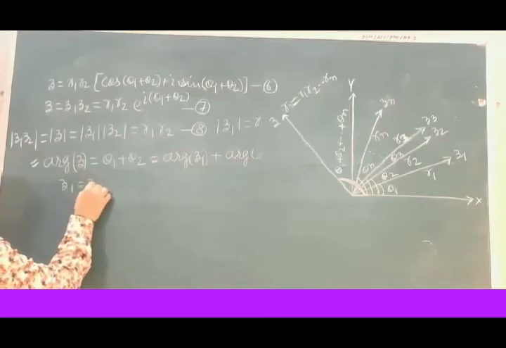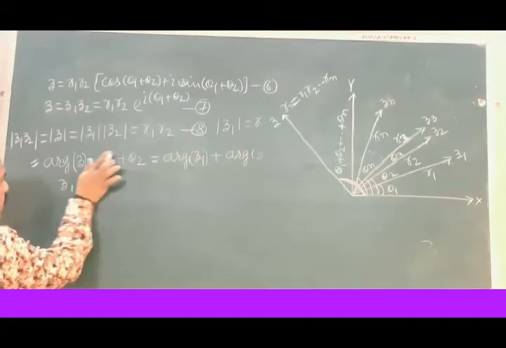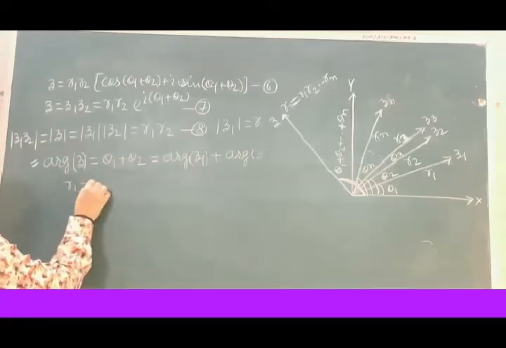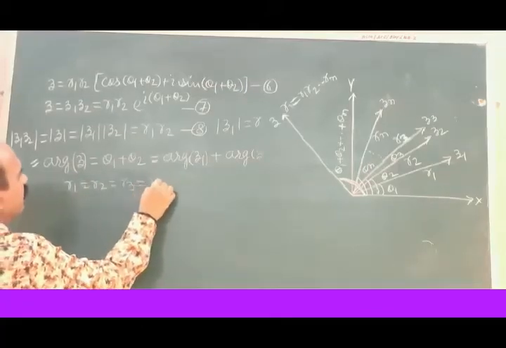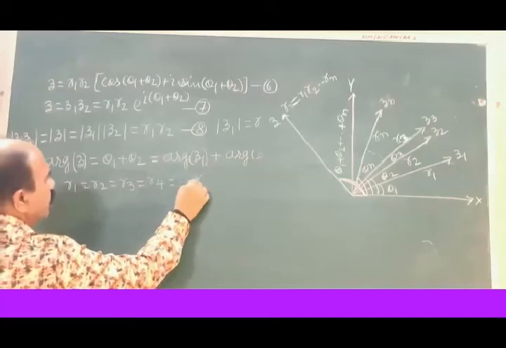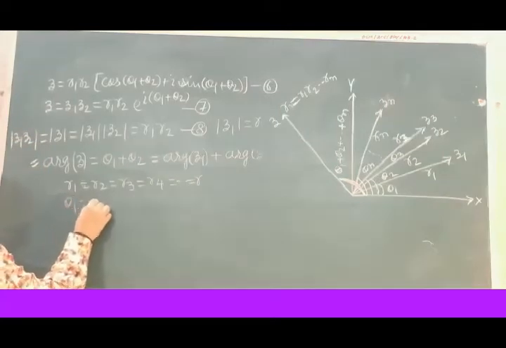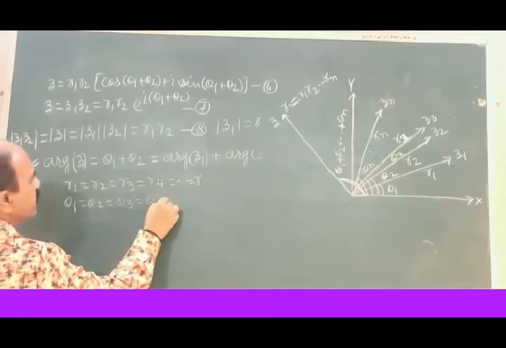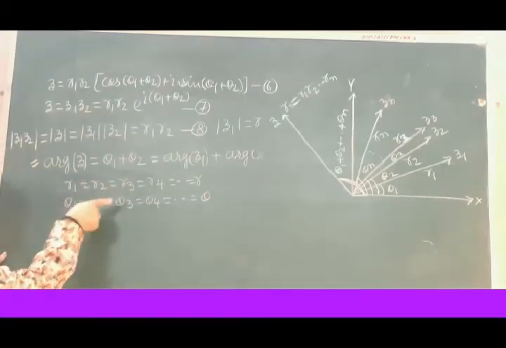Z1 is equal to Z2 is equal to, or instead of that, let me write R1 is equal to R2 is equal to R3 is equal to R4 is equal to R, and theta 1 is equal to theta 2 is equal to theta 3 is equal to theta 4 is equal to theta.